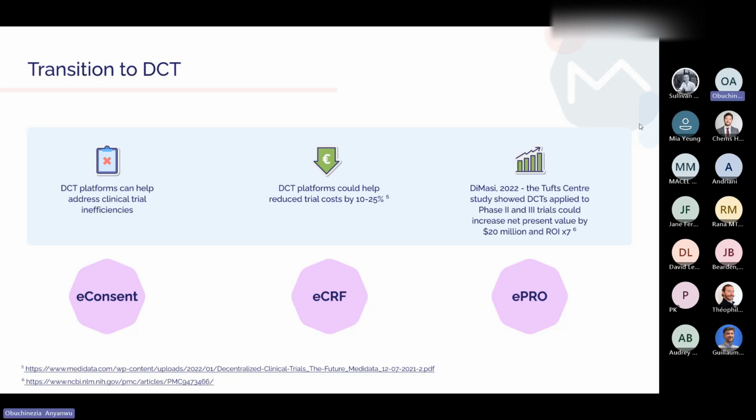And there was a paper published by Joseph DiMasi, 2022, a Tufts Center study, which showed that decentralized clinical trials and platforms, when applied to clinical trials, specifically between phase 2 and phase 3, could increase the net present value by $20 million, with a return on investment 7 times that amount.